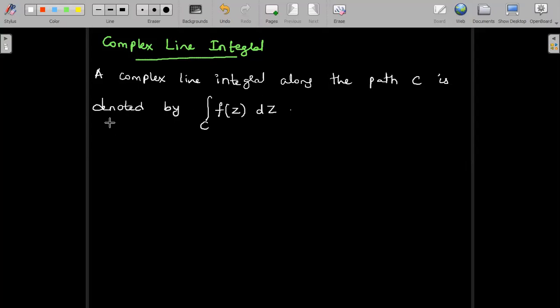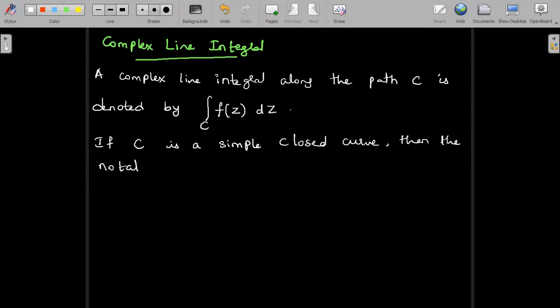and sometimes if C is a simple closed curve, then the notation used is integral over the closed curve C f of z dz.